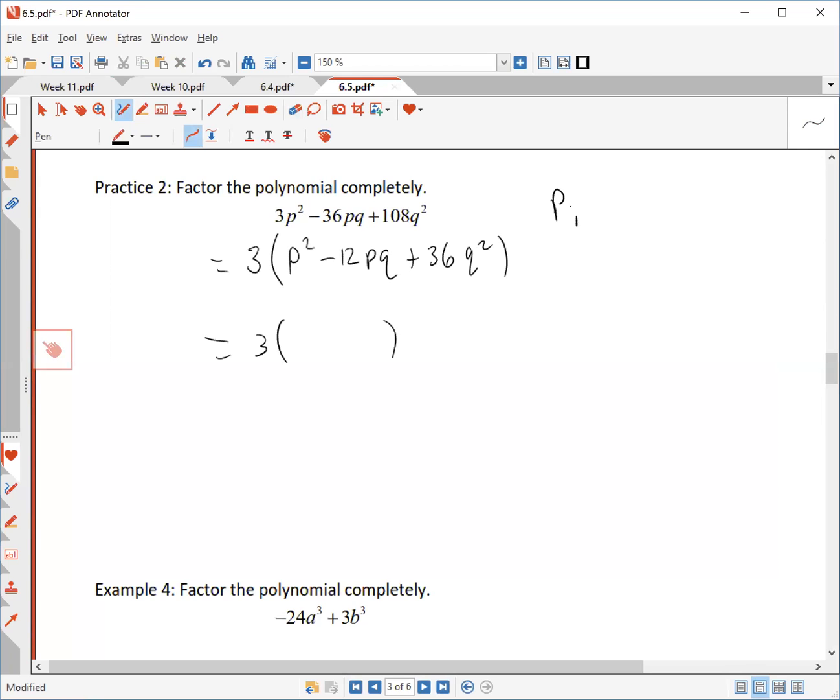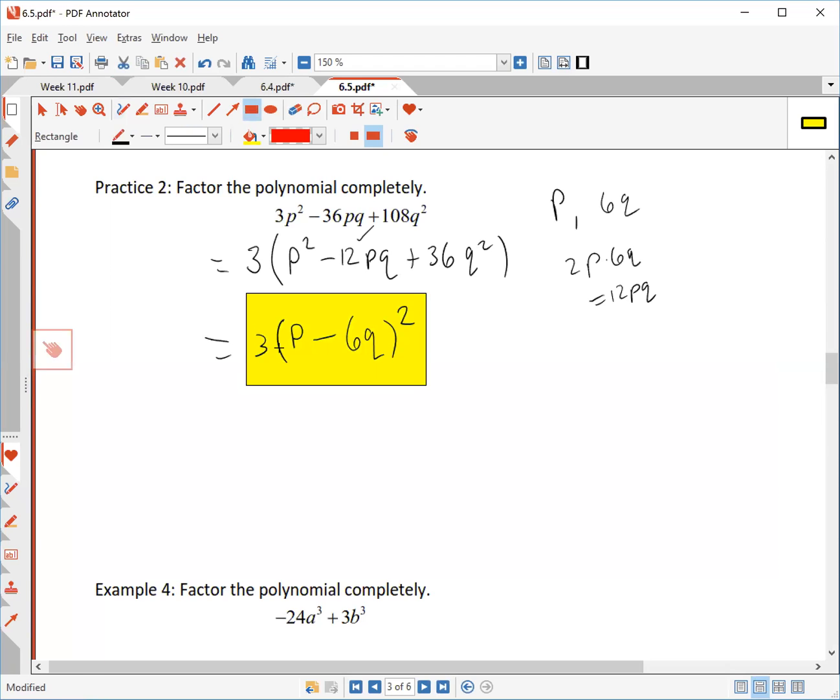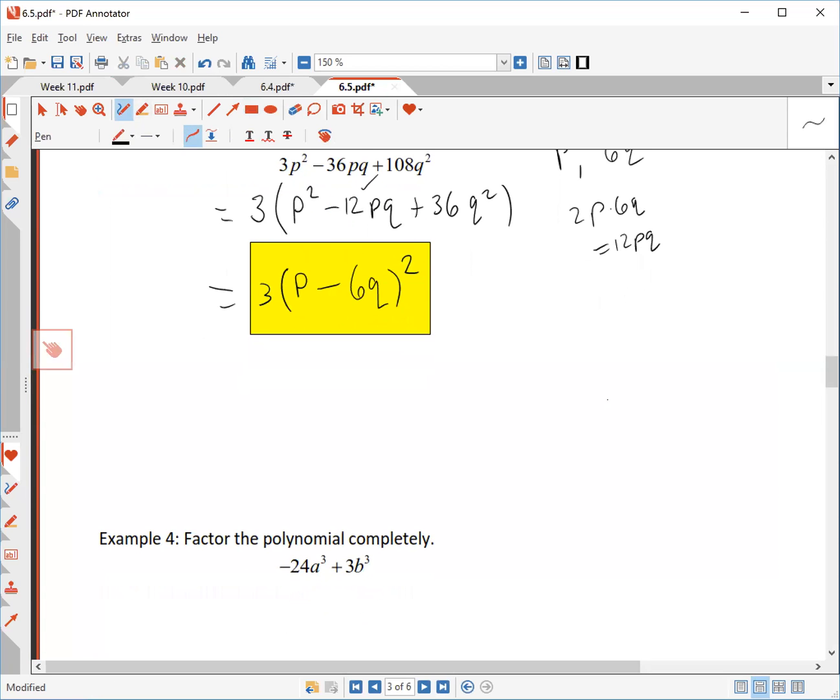We've got the P in front, 36Q squared is 6Q, and 2 times all of that would be 12PQ, which is what we have in the middle. All right, because it's a minus, we take the difference of the two, P minus 6Q quantity squared. Okay, so those are the different kinds of trinomials that we can expect.